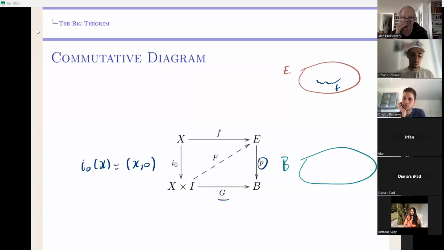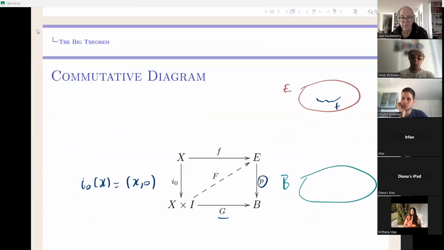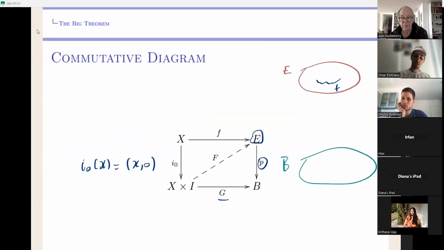And then if we have this homotopy lifting property, then we should have this homotopy between the homotopy that goes from X times the unit interval, as we've seen here, to E. And then when it goes to E, you project it. So is it clear?